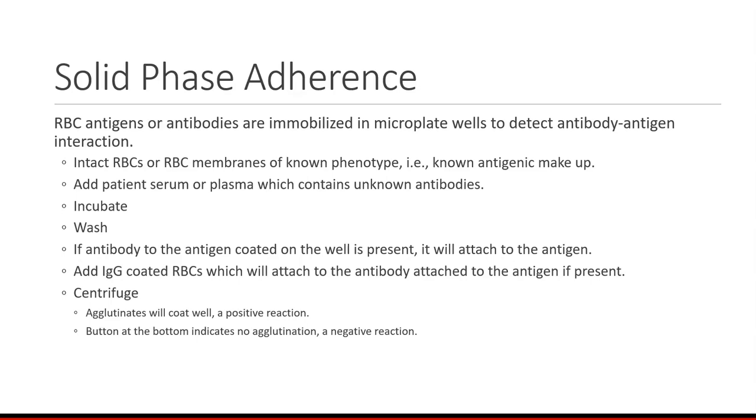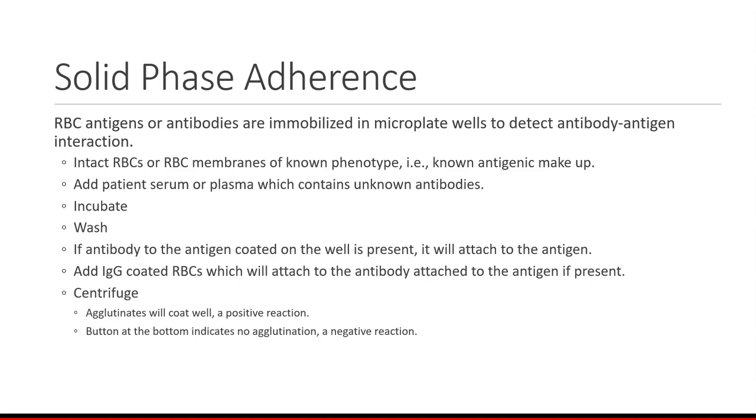We have known antigens, unknown patient antibody, and then a sandwich which is really our detector to determine whether or not that reaction has occurred. You centrifuge it. If agglutinated, the cells will coat the well, and that's a positive reaction, because remember, they're stuck to the side of the well.